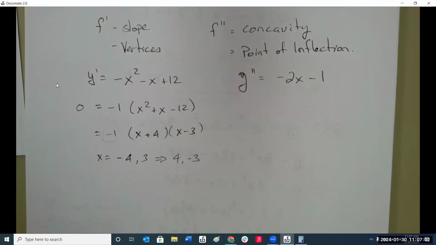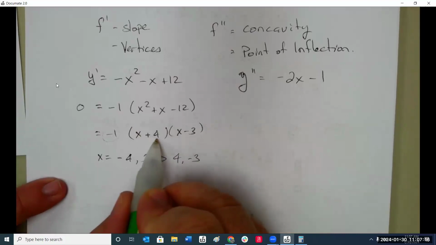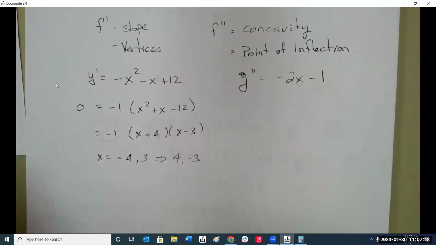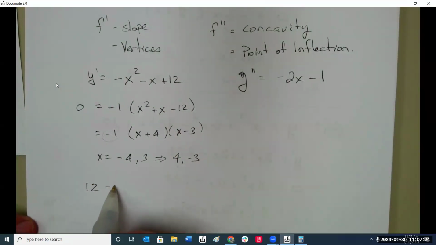Would it be negative x minus 4, is that correct? Well, yeah, it's gonna be the whole thing. That's why they threw this one in there, because it's changing the whole thing.